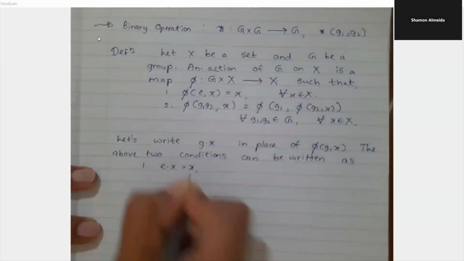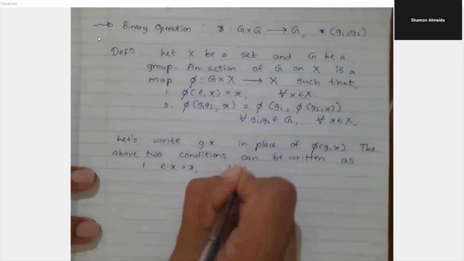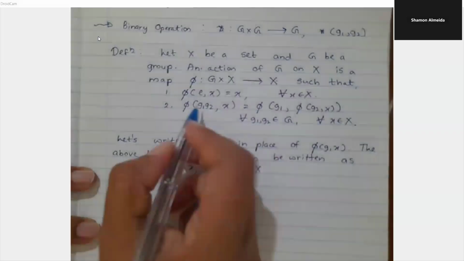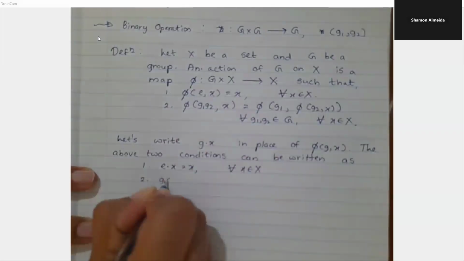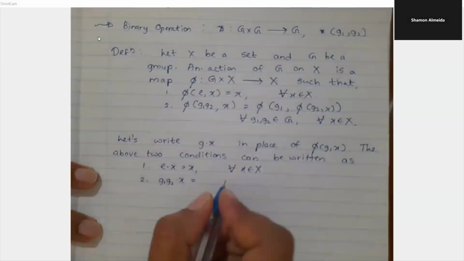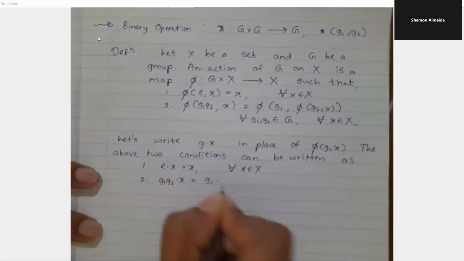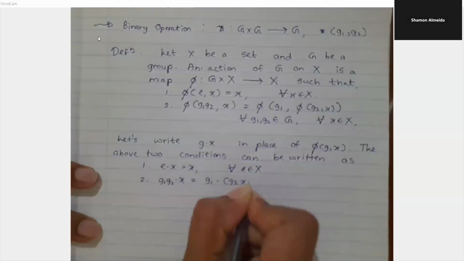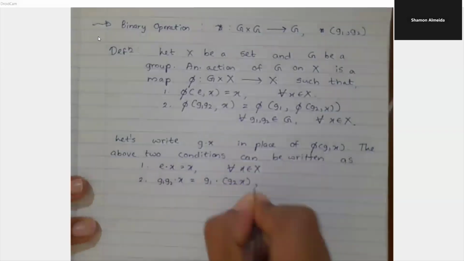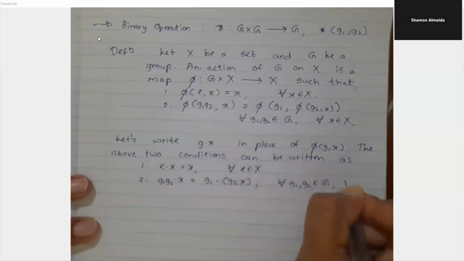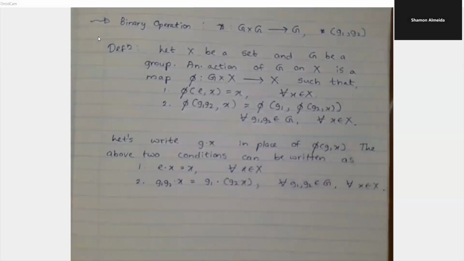This is equal to x for all x in X. Second one, this will simply be G1 G2 dot x. This should equal G1 dot G2 dot x for all G1, G2 in G and for all x that you take from the set.